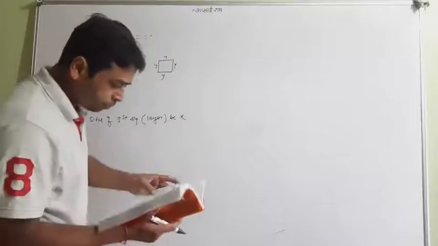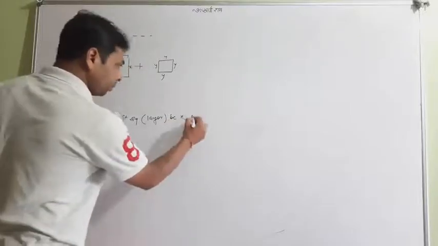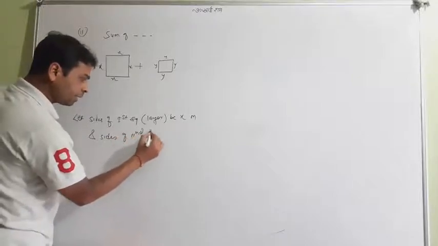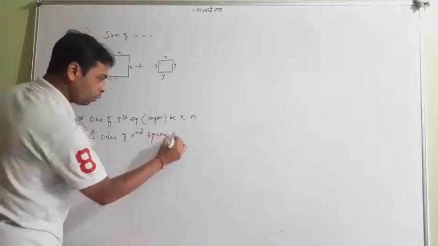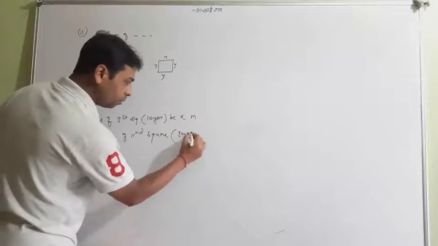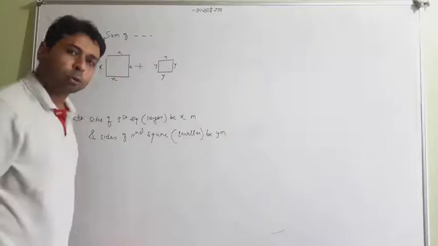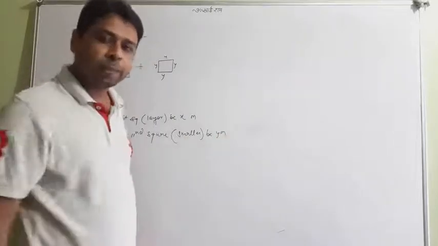And the side of the second square, which is actually the smaller one, be y meter. So don't be afraid about y. y will definitely turn into x later.